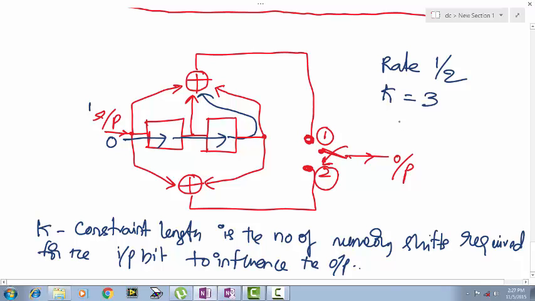In general, for a single stage shift register structure of convolutional encoder, the constraint length K is given by m plus 1. Here m is the number of memory elements.